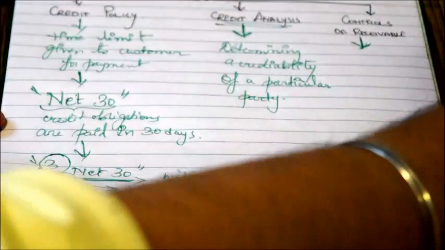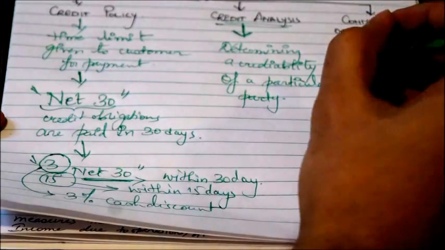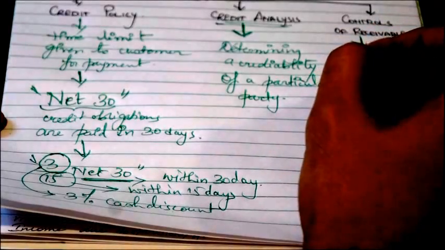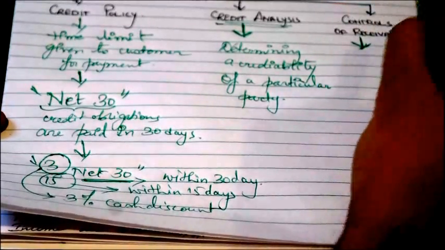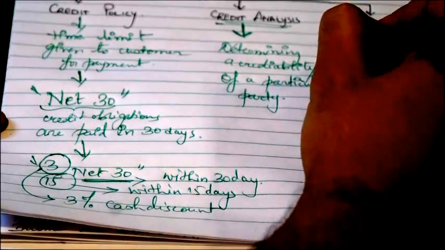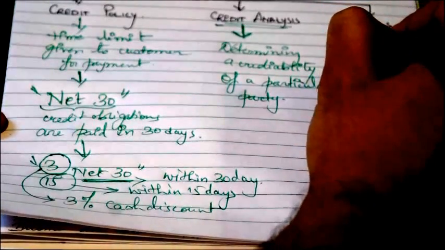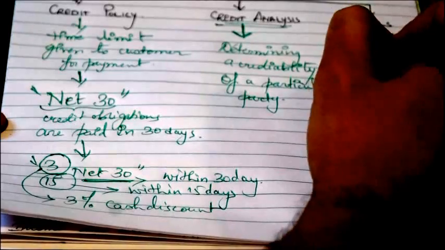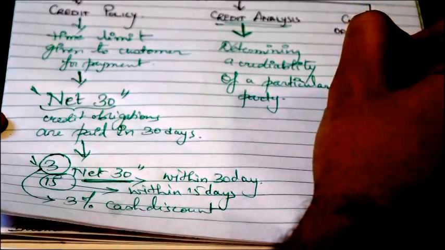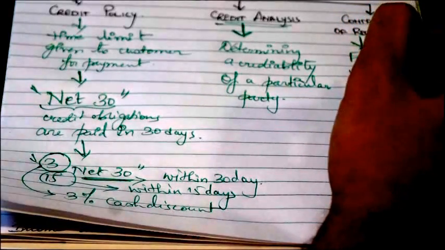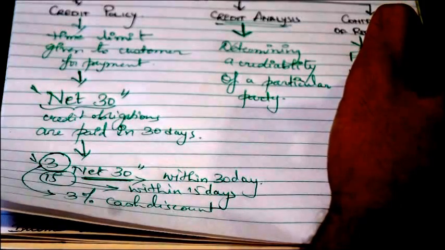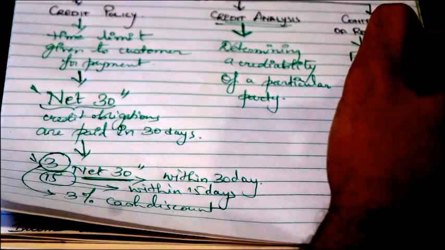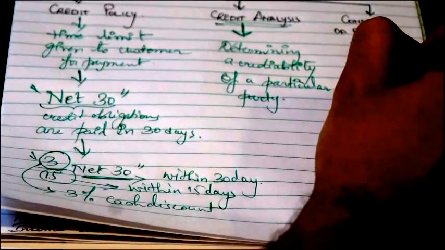The third and the last aspect is control of receivables. This means that if the credit policies increase, the person may need to hire somebody to control this. What do you mean by control? A control of receivables means that if you have a credit policy of, say, net 30, you need some follow-ups after 20 days or 15 days, or you need some reminders to be given.